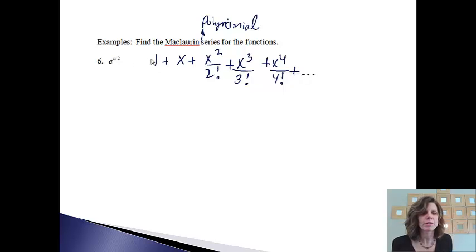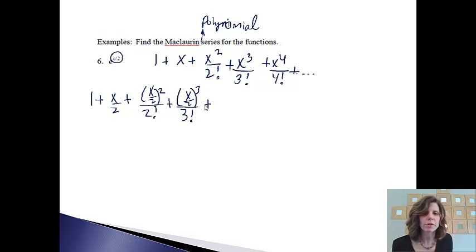Now all we need to do to find our Maclaurin polynomial is plug in x over 2 every single time we see an x. So we're going to put 1 plus x over 2 plus x over 2 squared over 2 factorial plus x over 2 cubed over 3 factorial plus x over 2 to the fourth over 4 factorial plus dot dot dot.